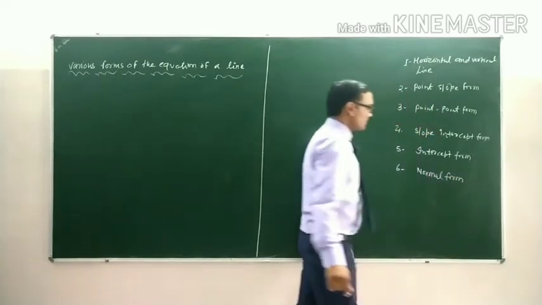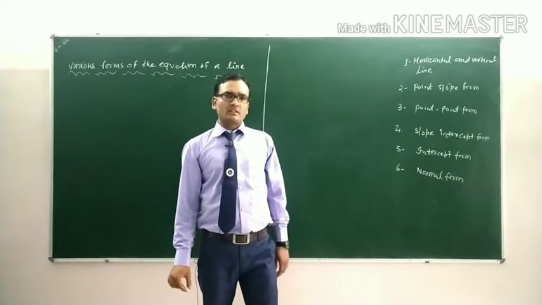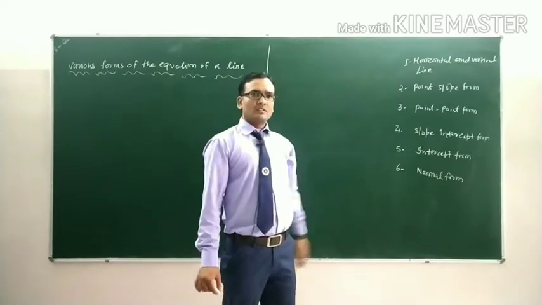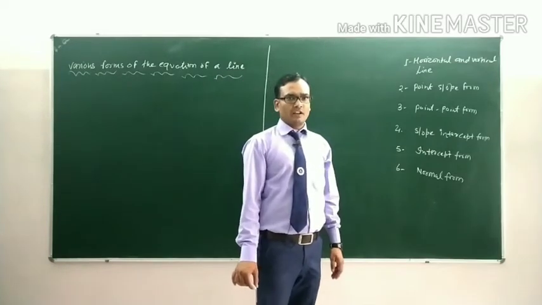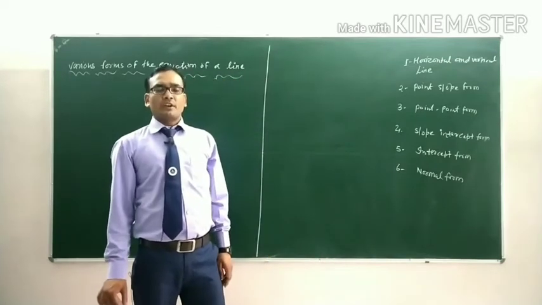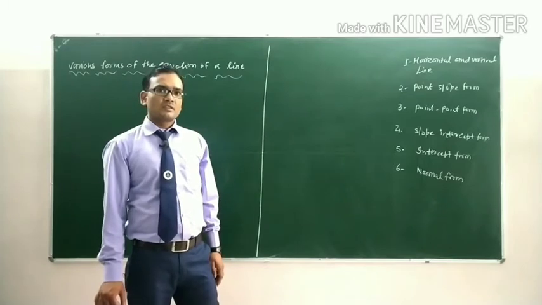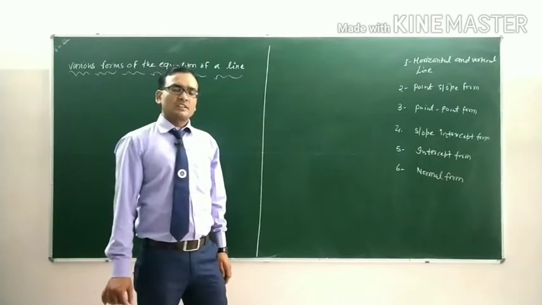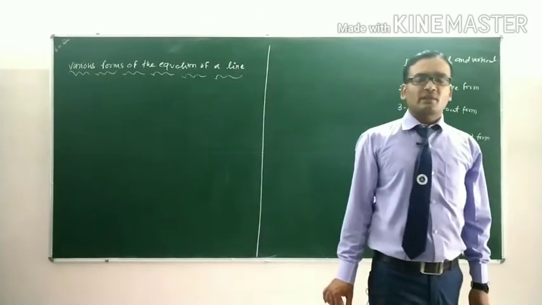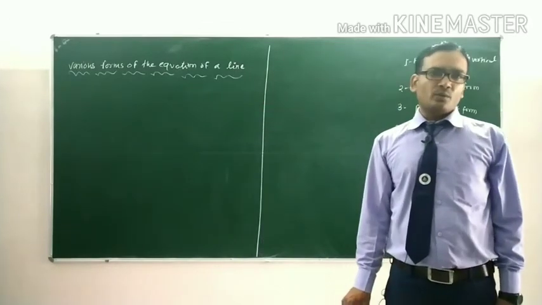Okay students, today we are going to discuss the various forms of the equation of a line. You are already familiar with what a straight line is. A straight line is the locus of a point which moves in the same direction having no curvature.